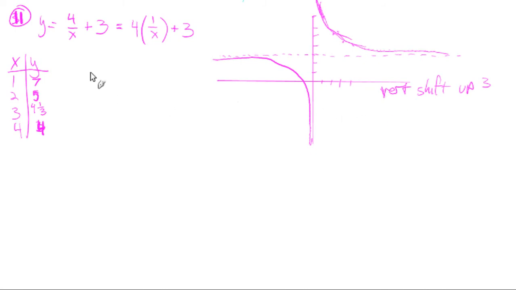Those are some fancy words. Domain would just be all the inputs. How can we express all the things that we can put into the function? We can put anything into this function except for 0, right? Because think about it.